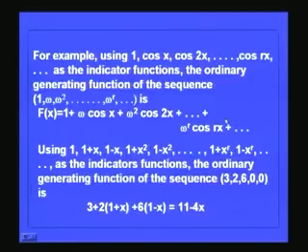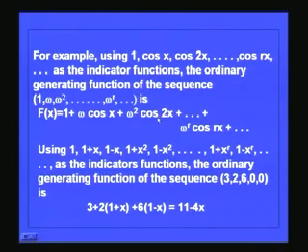For example, if you use 1, cos x, cos 2x, etc. as the indicator functions, then the ordinary generating function of the sequence 1, omega, omega squared, omega cubed, etc. is given by this expression. f of x is equal to 1 plus omega cos x, then omega squared cos 2x, and so on.